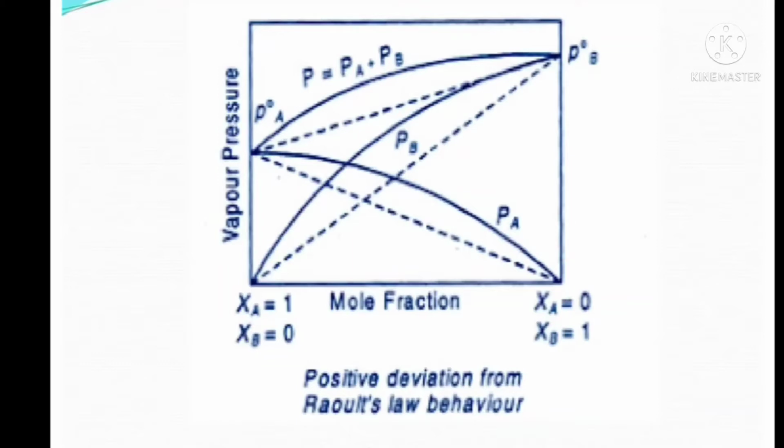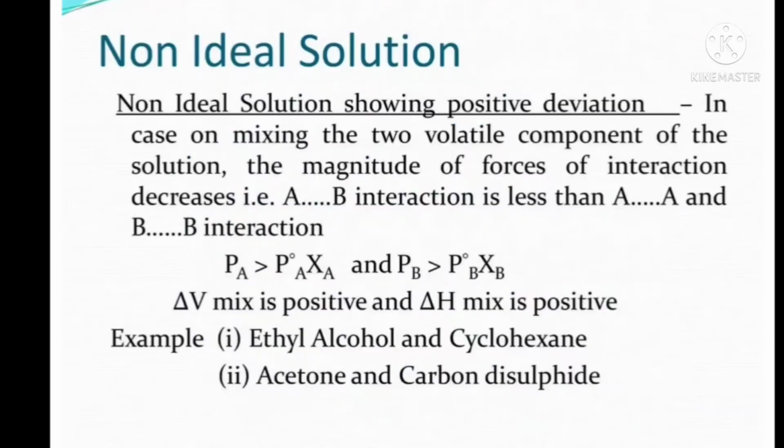The examples for systems showing positive deviations are ethyl alcohol and cyclohexane, acetone and carbon disulfide, ethanol and water, ethanol and benzene.